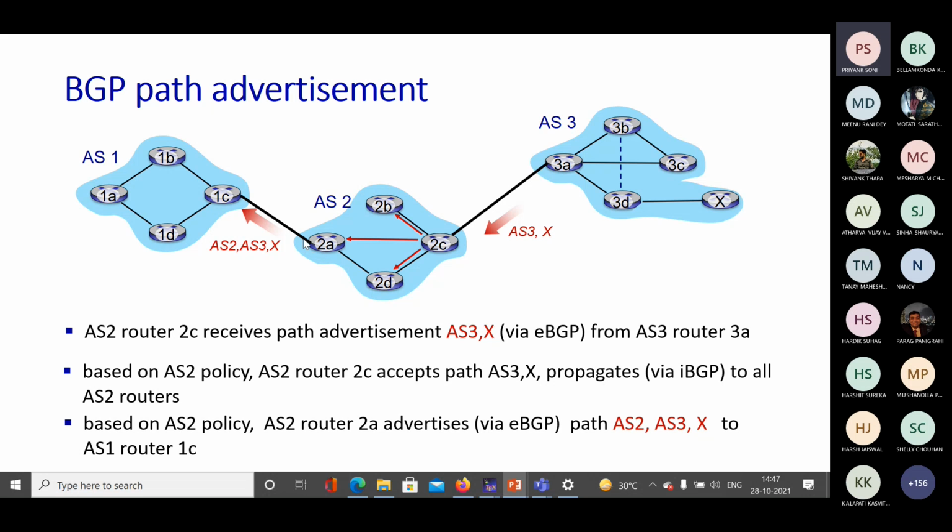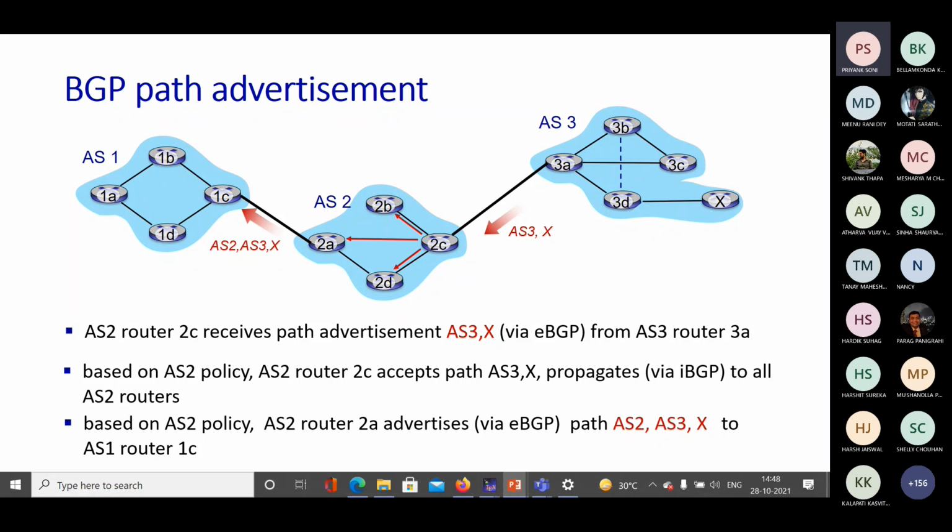So 2A sends the information to 1C, that is AS2, AS3, X. This is the path being sent from 2A to 1C, which is the gateway router of AS1. Again, the same thing will happen at 1C, depending upon the policy being used within AS1.